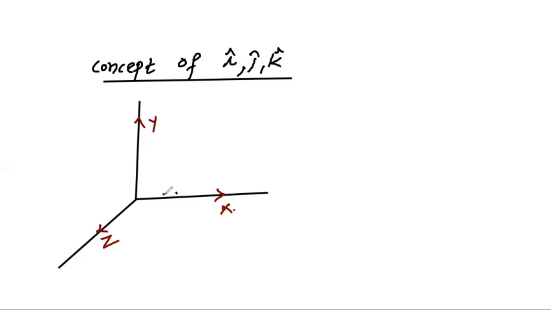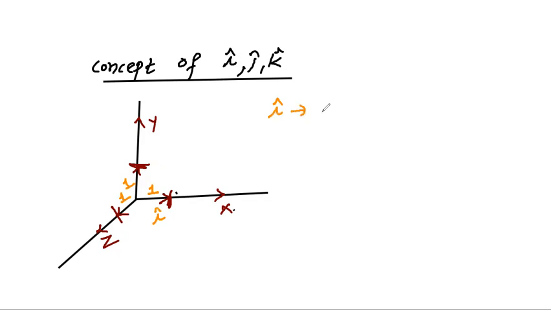So let me take a unit vector along each axis. You can see I have marked one vector here along the x-axis. Let me take this length equal to 1 unit, this length equal to 1 unit, this length equal to 1 unit. So a unit vector along the x-axis is denoted by I cap.